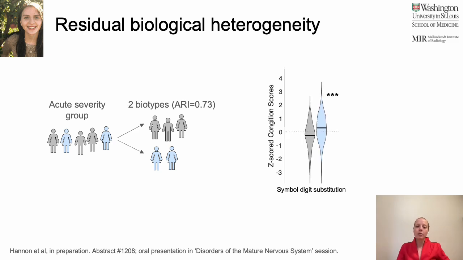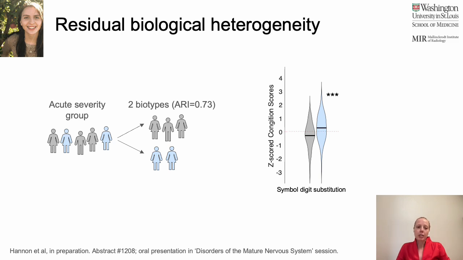We're now starting to look at some follow-up analyses to validate these biotypes and see whether they are meaningfully different using some measures of etiological indicators, some measures that might represent different pathways through which people might have become depressed.